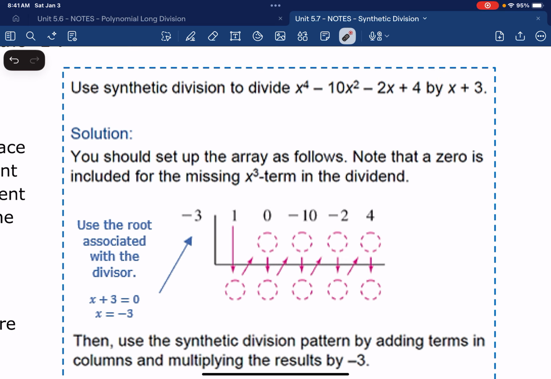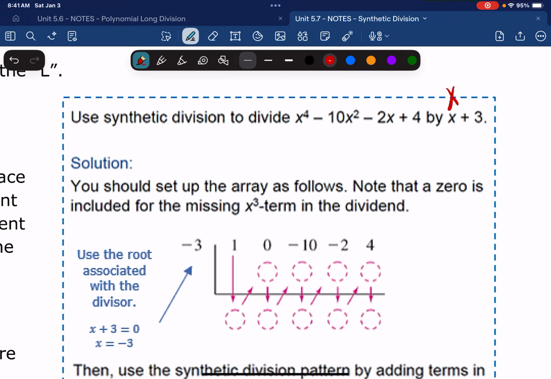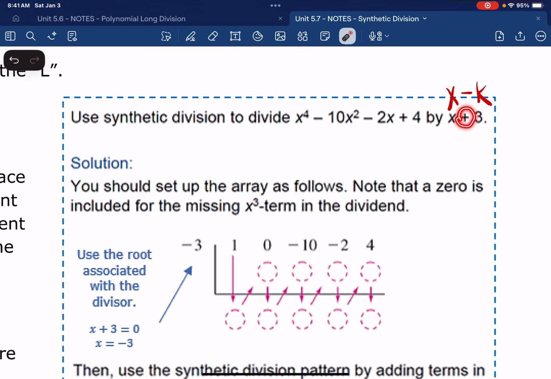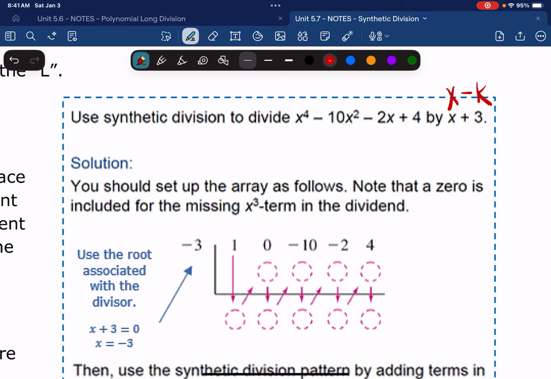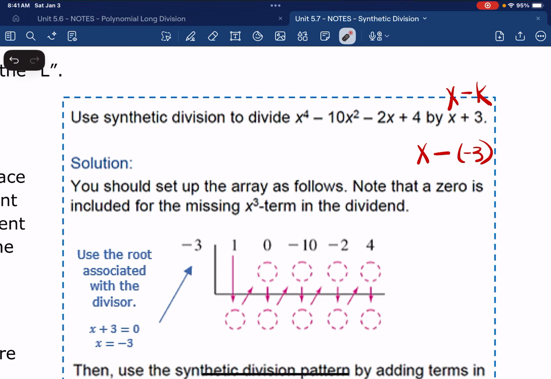All right, now this format right here, x plus 3, remember that our divisor is in the form of x minus some number k. But this says plus right here, so how do I turn it into the form of x minus? Well, that's the same thing as saying x minus a negative 3, right? So in this problem, our k value is a negative 3.